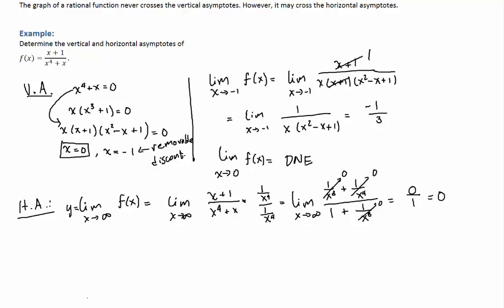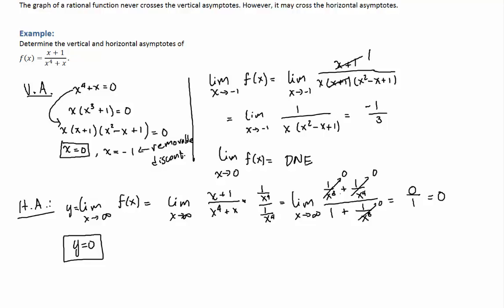So you have a vertical asymptote at x equals 0 and a horizontal asymptote at y equals 0, and those are your asymptotes for this function. The reason why I didn't consider x equals negative 1, even though it made the denominator equal to 0, is the fact that the limit is not undefined.